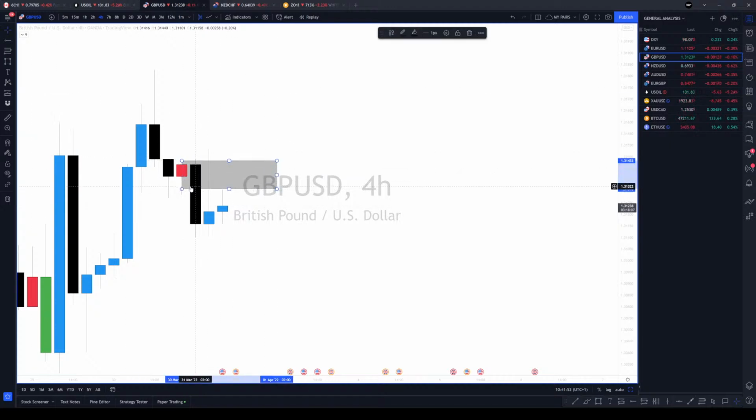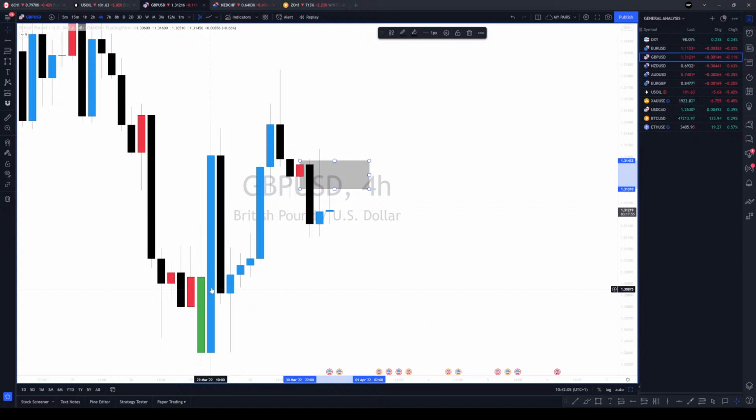Let me look at the time. I will reconsider this because of the time, right? And I want to see the order block create London like this one here, London like this one here.